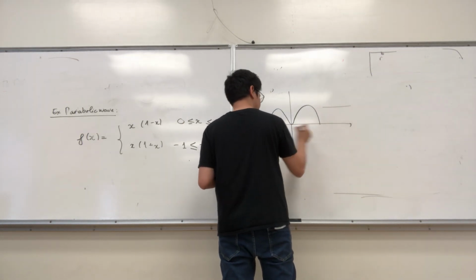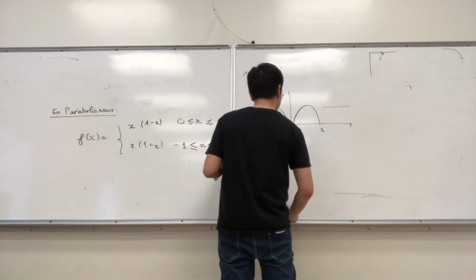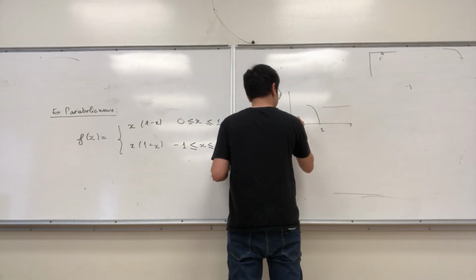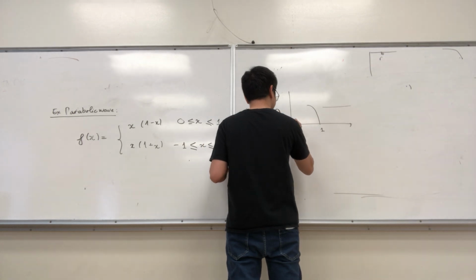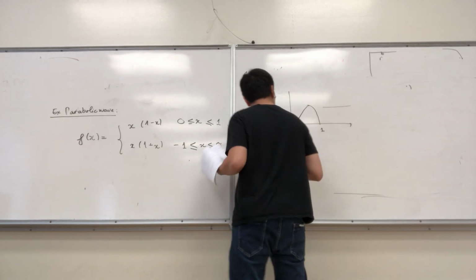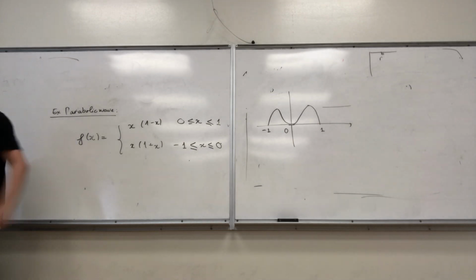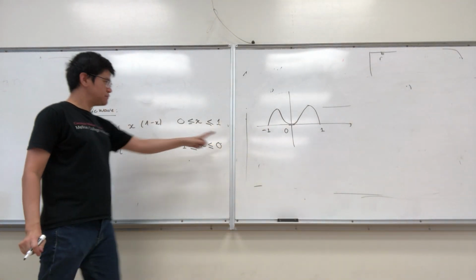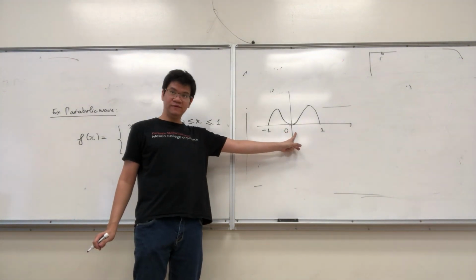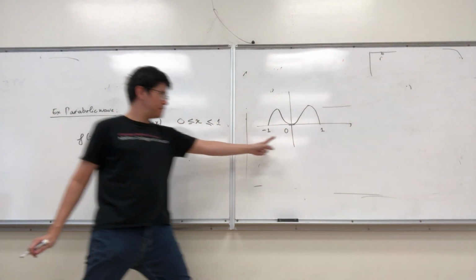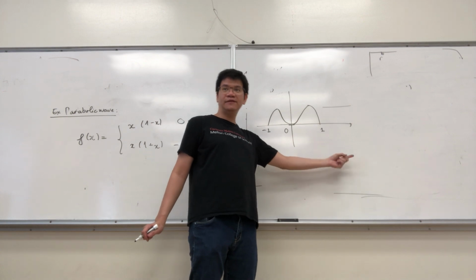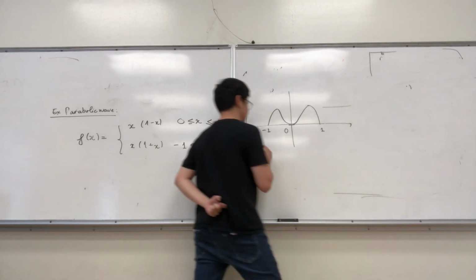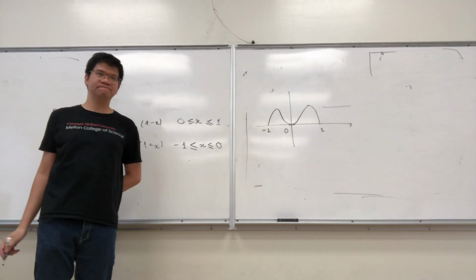It's minus 1 to 1, not exactly like this. So this is a parabolic wave because when x is 0, this function is 0. And when x is 1 or minus 1, this function is also 0.